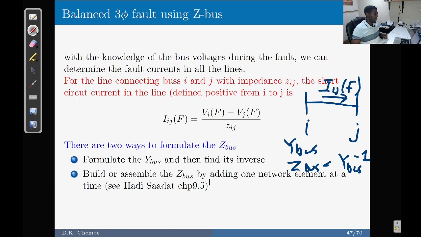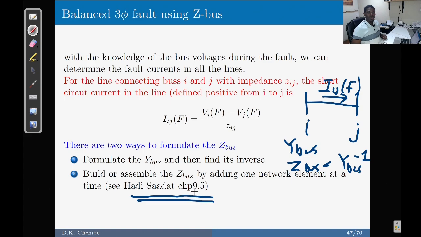This is one method. The other method is to build the Z bus. Okay? Build and assemble the Z bus by adding one network element at a time. So this, you can follow up how to build the Z bus matrix using Hadi Saadat chapter 9.5.